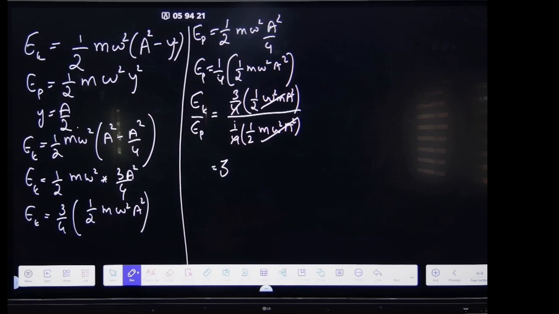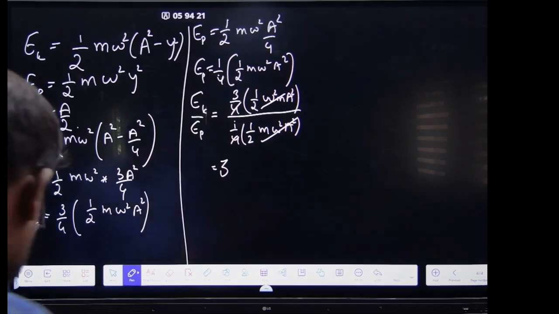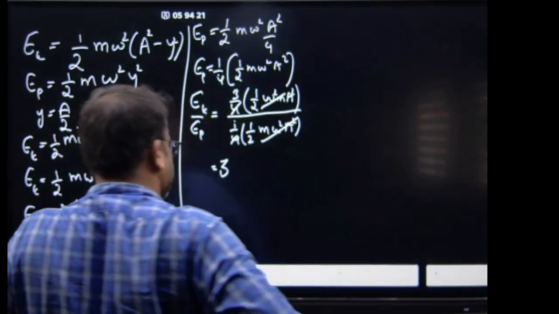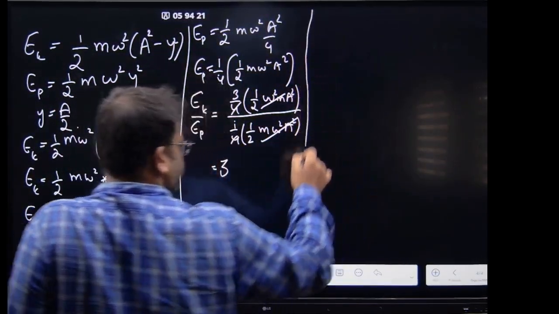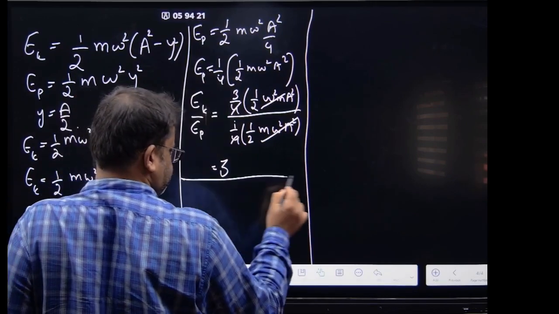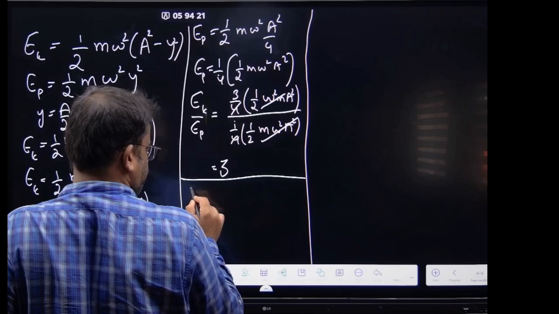Two radian per second square. What is the answer? So, maximum velocity is given as 0.5.